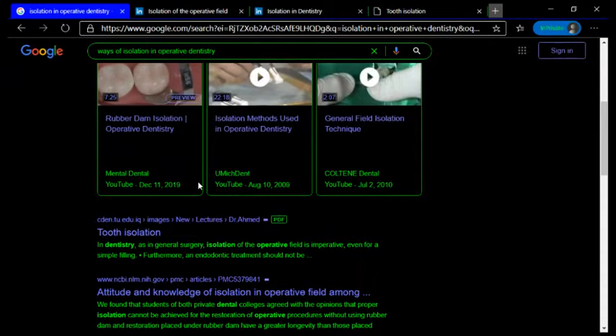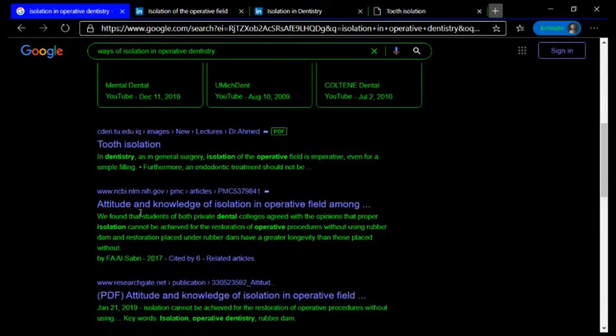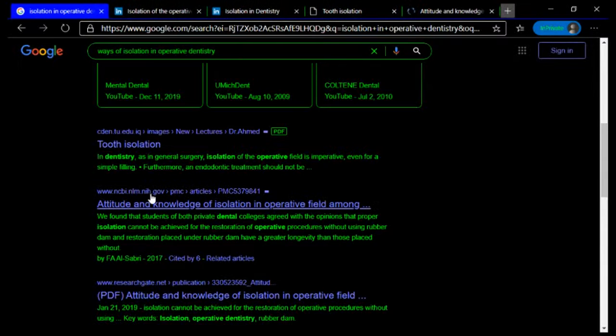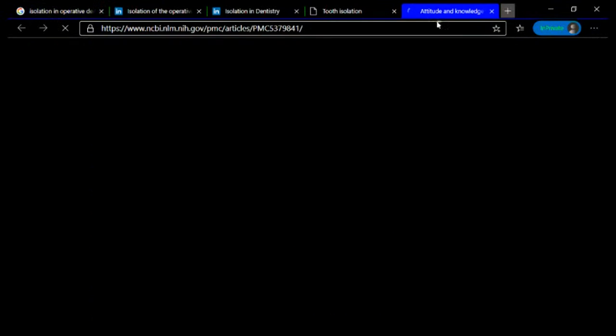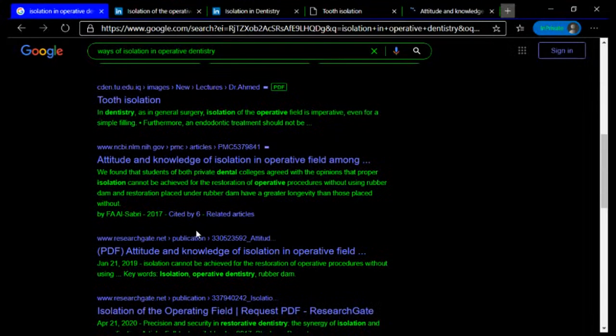Moving on to the next link, talking about the ways of isolating the teeth. Here we have "Attitude and Knowledge of Isolation in Operative Field" from www.ncbi.nlm.nih.gov, a very trusted site in this subject.